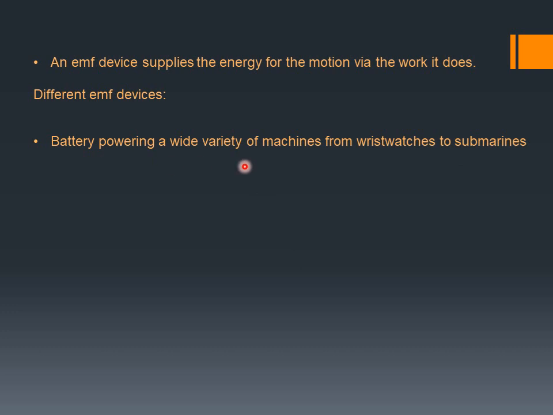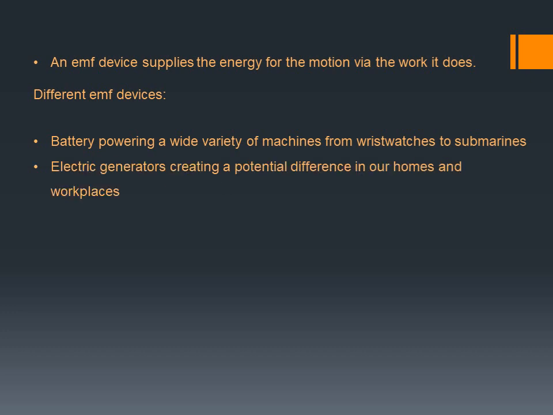Batteries are used in computers and laptops, in your mobiles, and so on. Similarly, electric generators are also EMF sources, and they create potential difference in our homes and workplaces. The electricity we see around ourselves in homes and workplaces is due to the electric generators.